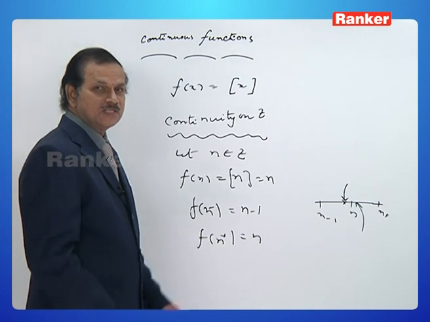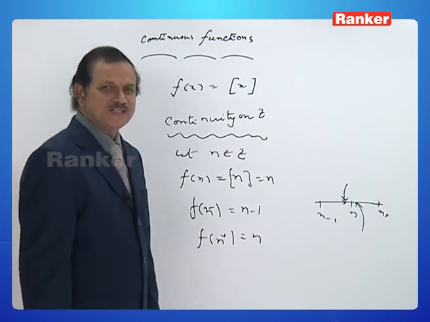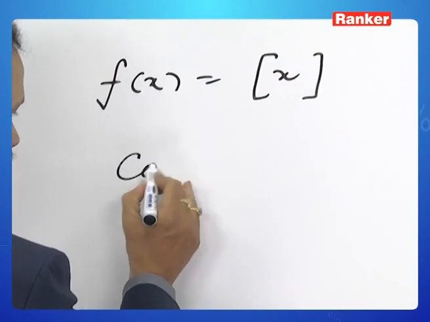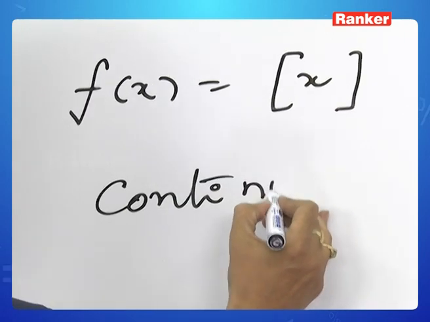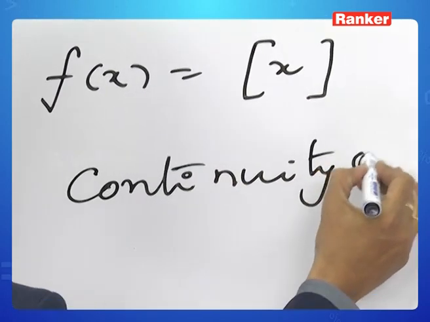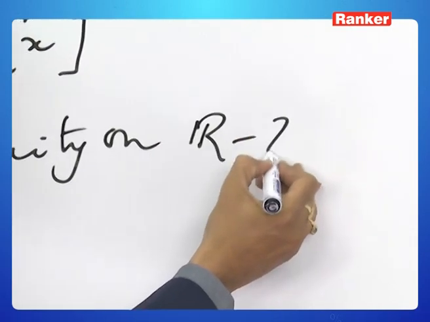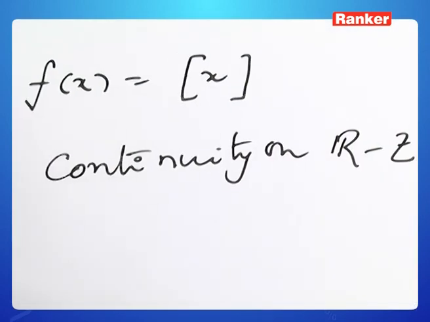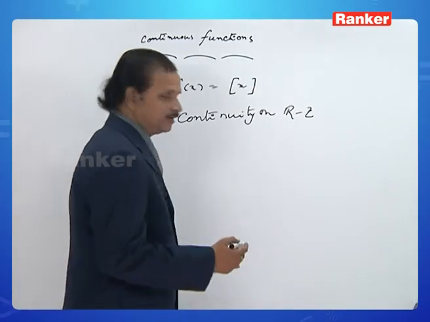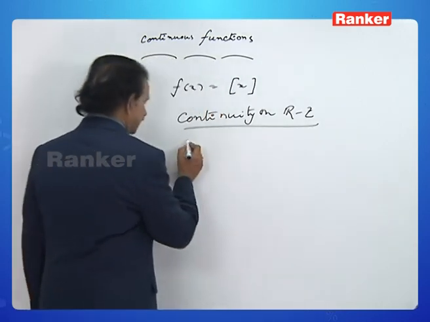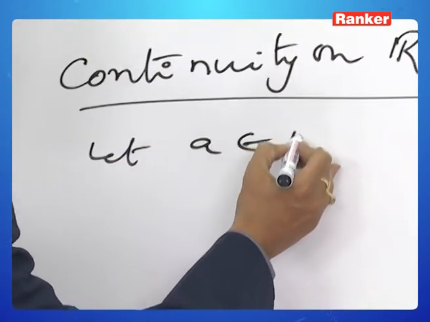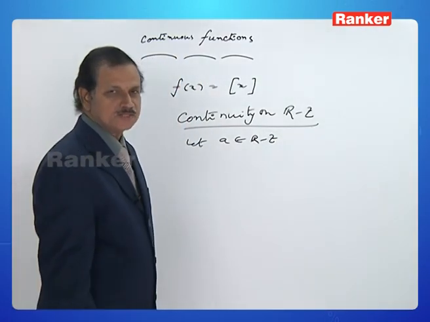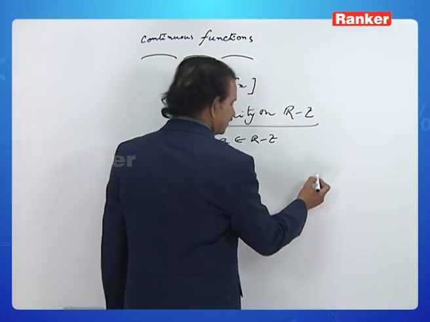Well, let us now think of the nature on R minus Z. What happens? Continuity on R minus Z. Okay, let us take an arbitrarily selected point in R minus Z. Let a belong to R minus Z. That is, a is a real number but is not an integer.